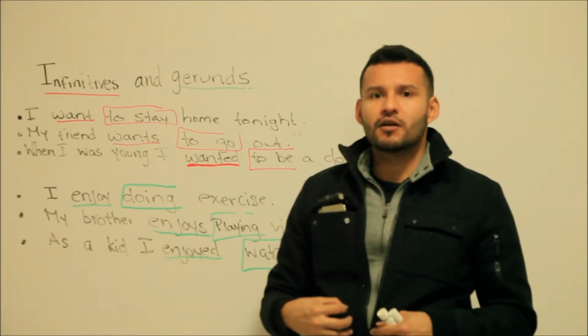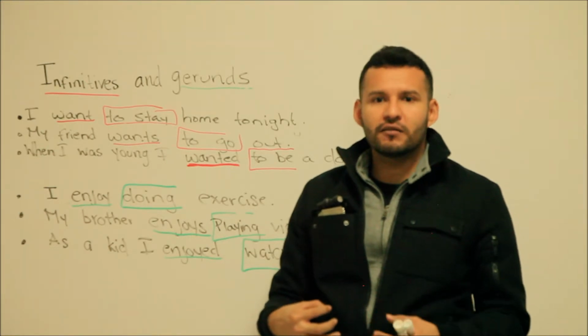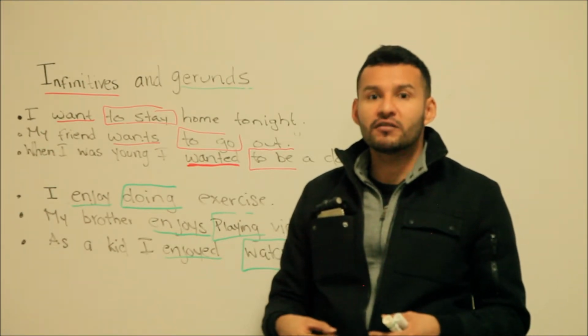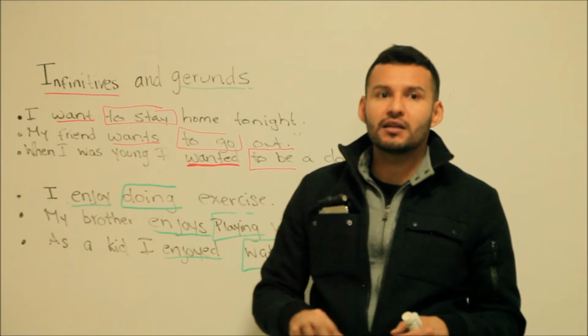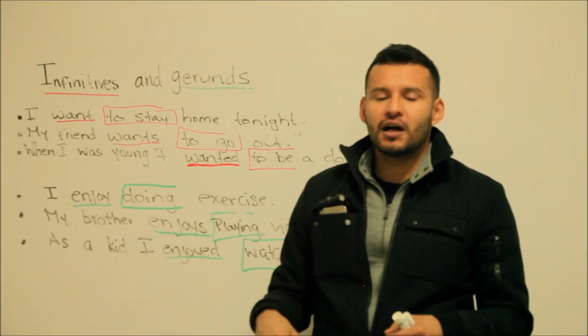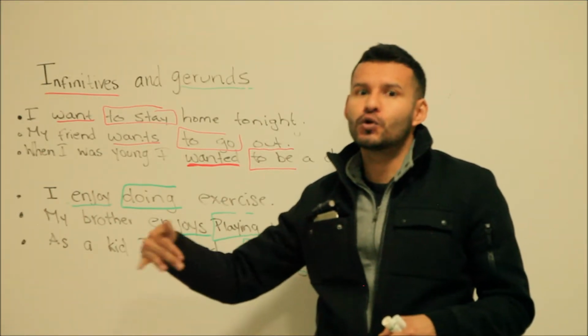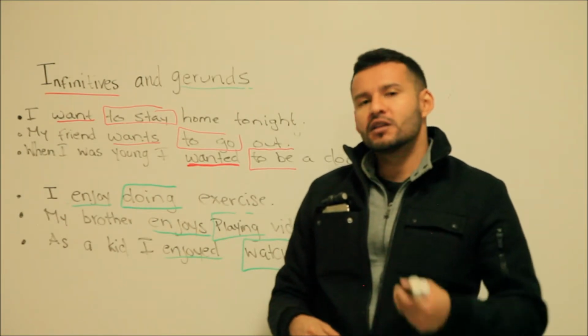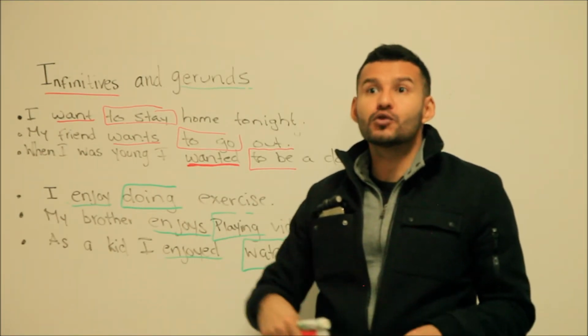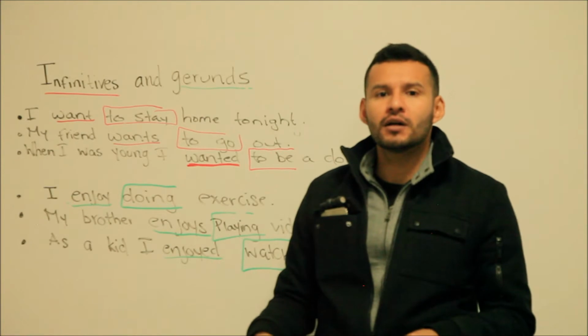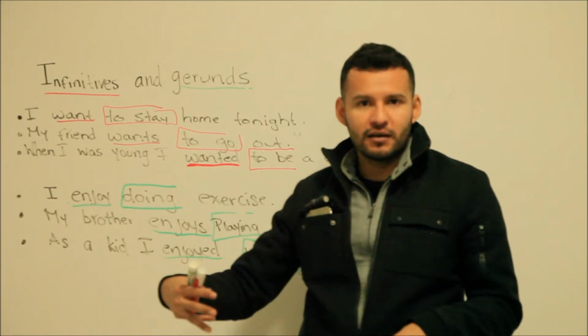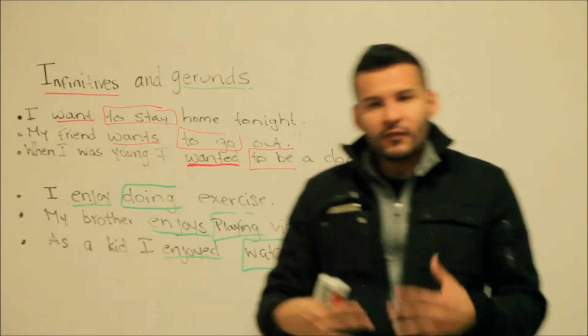Other verbs that combine exclusively with an infinitive include the verb need. So for example, I need to finish this. My sister needs to go to the doctor. The verb hope, I hope to travel more this year. My father hopes to buy a new car.